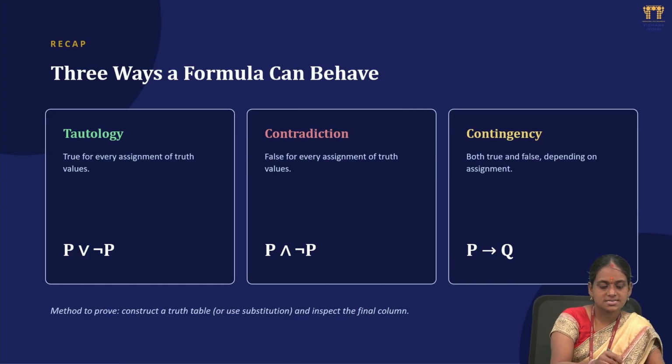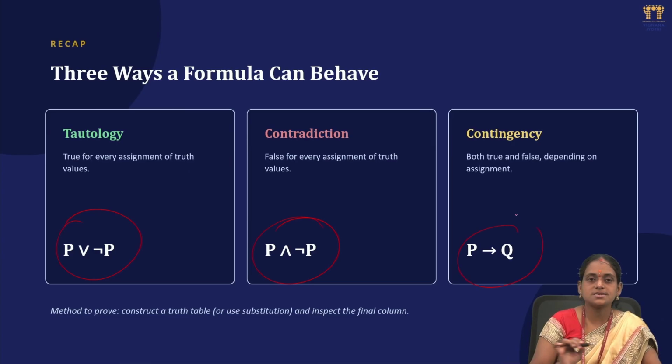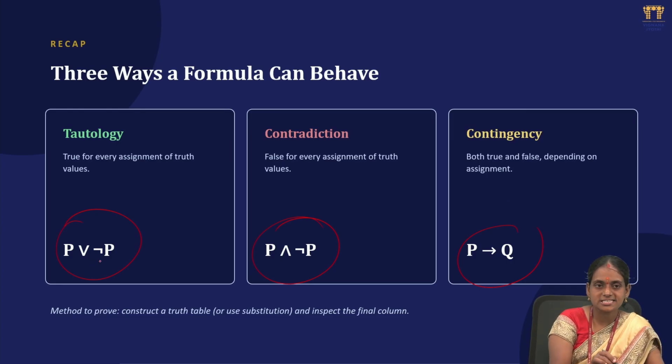So in this lecture, we discussed tautology, contradiction, contingency. These are the objective type questions that you can expect. Always P or negation P is a tautology or contradiction? By constructing a truth table also you can get the conclusion.